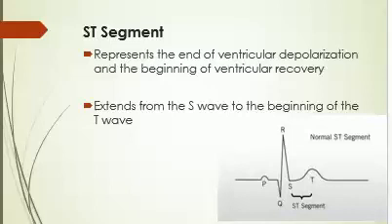But no, this is very important because we actually monitor this one to check for an indicator of myocardial infarctions or myocardial ischemia. So we look for either elevation or depression in the ST segment to find out what's going on with our patient as far as the oxygenation of the myocardium. So it's actually an important segment.